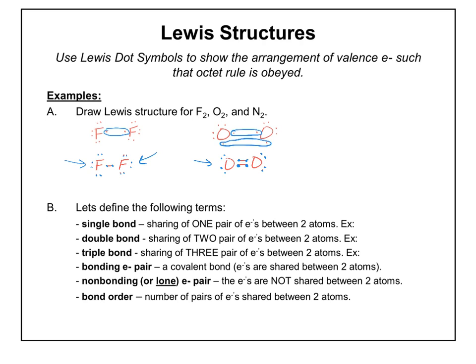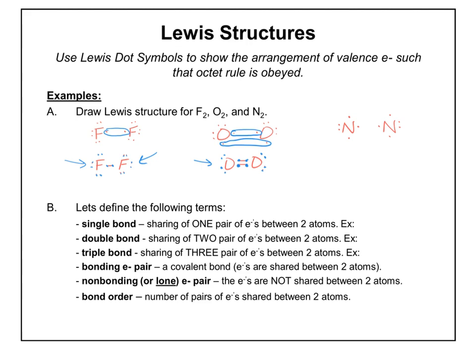The nitrogen is our last example. So I have 2 nitrogens that are bonded together. Nitrogen's in group 5, so it has 5 valence electrons. So 3 sides will have 1 dot, and 1 side will have 2 dots. And so each nitrogen needs 3 more electrons in order to achieve that octet.